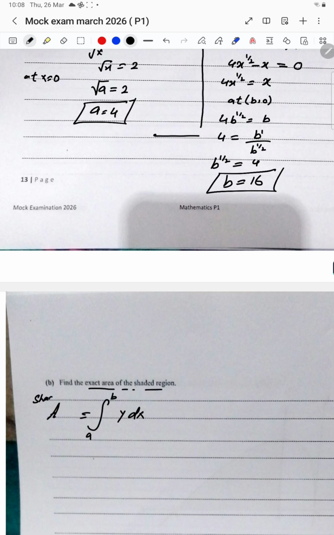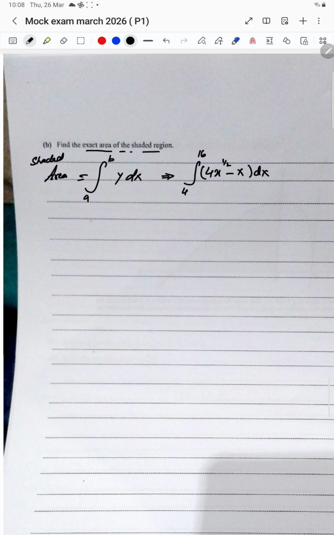We can write the shaded area as the integral from 4 till 16 of the curve, 4x power 1/2 minus x, dx. Okay, now integrate it.